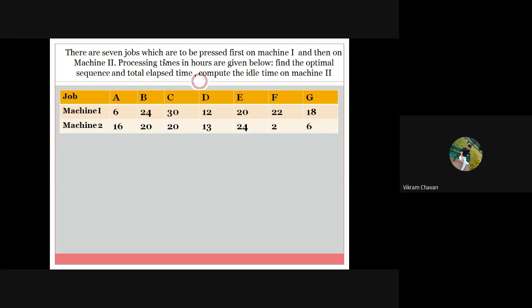Find the optimal sequence and total elapsed time, and compute the idle time on machine 2.